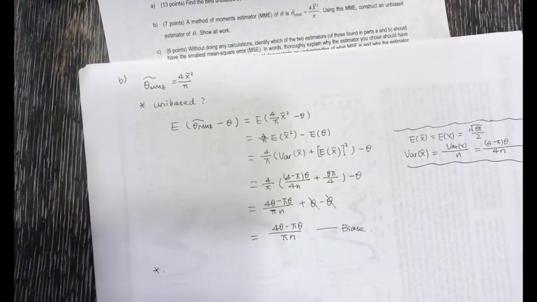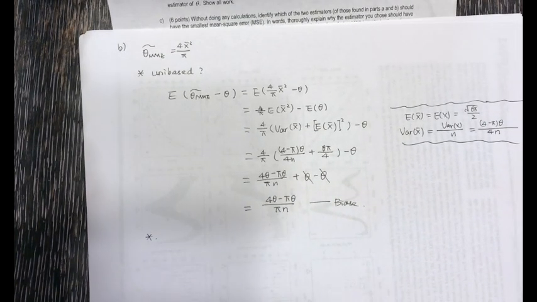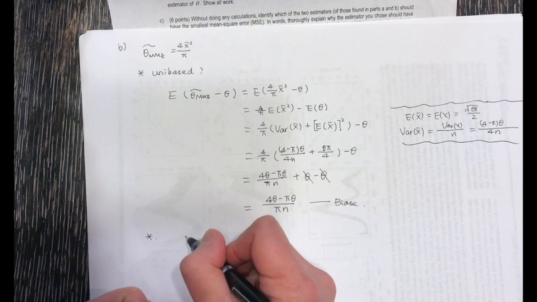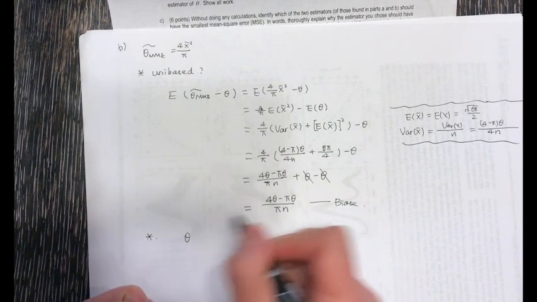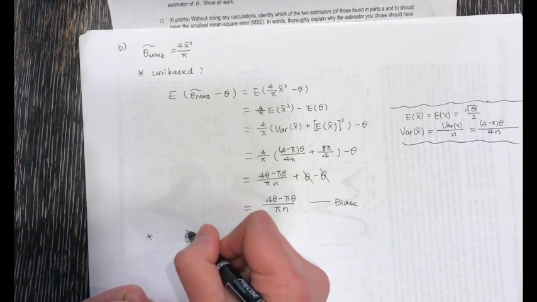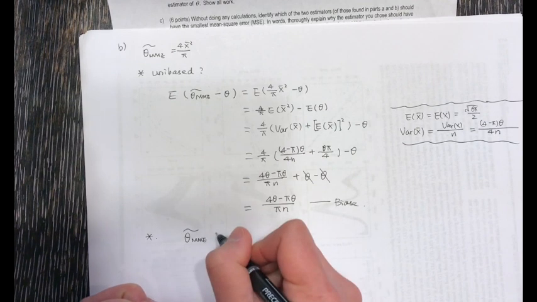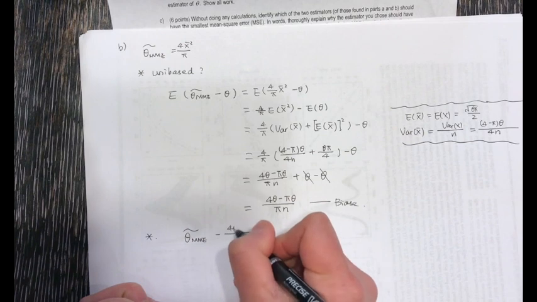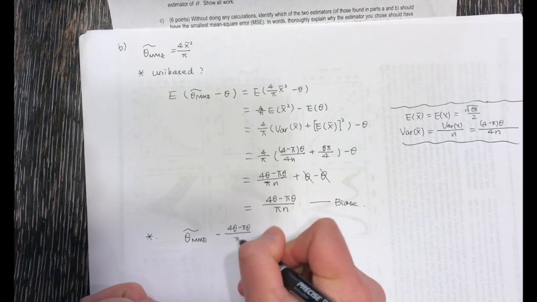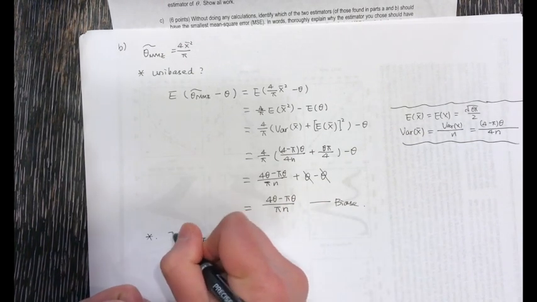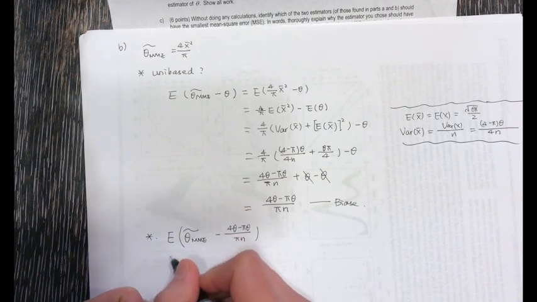So the next step is we are trying to construct an unbiased estimator to cancel this bias. Luckily the bias is a constant, so we can directly cancel it by subtracting it. Let's have a look at the expectation of this.